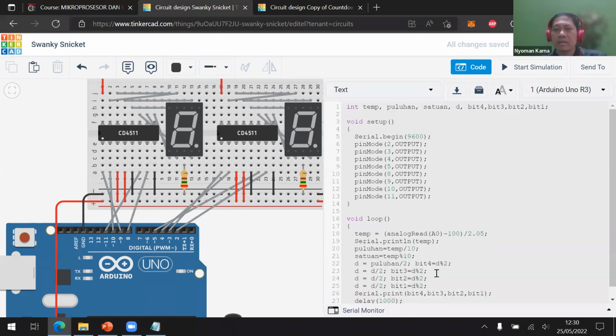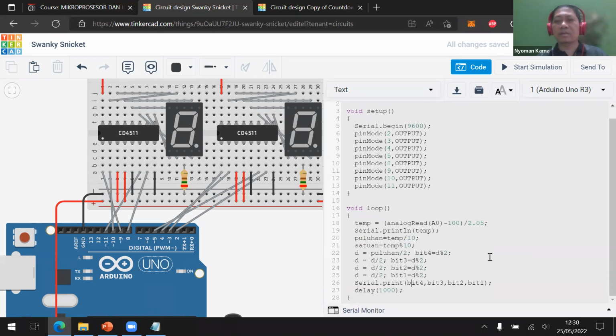Okay, we cannot use something like this. So we need to split it to become 4. Serial port.